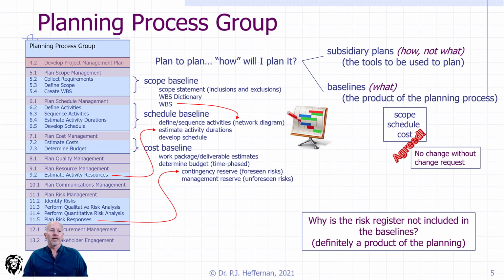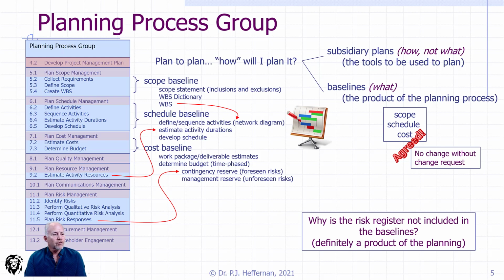The only question I have, from this all makes perfect sense to me as somebody who's gone through this process several times, is that they don't normally refer to the risk register, which clearly has to come out of the planning. If we look down at the knowledge area of plan risk management and the various risks under that, and we're going to be looking at risk management, it's a big part of this.